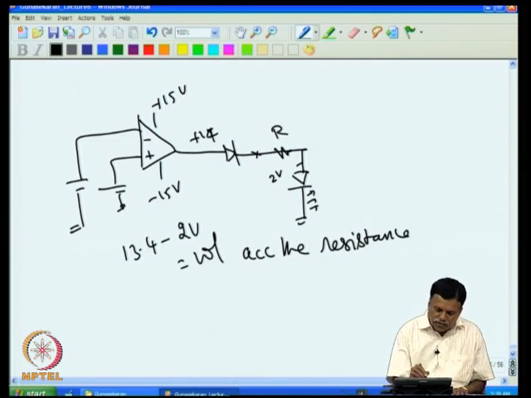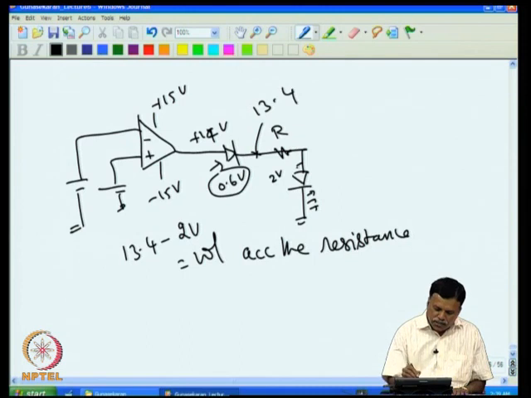Because taking this as 14 volt and this as 0.6 volt, the voltage across this 0.6 and 14, you arrive at 13.4. This point you arrive at roughly 2. So that comes to 11.4 volt across the resistance.